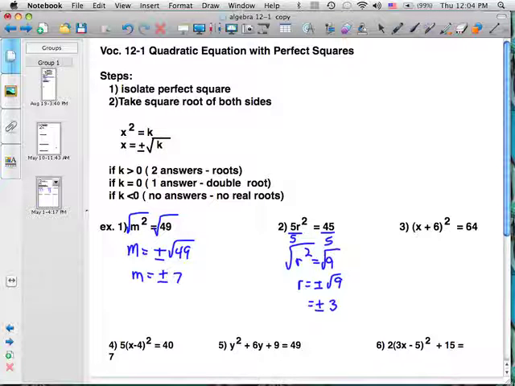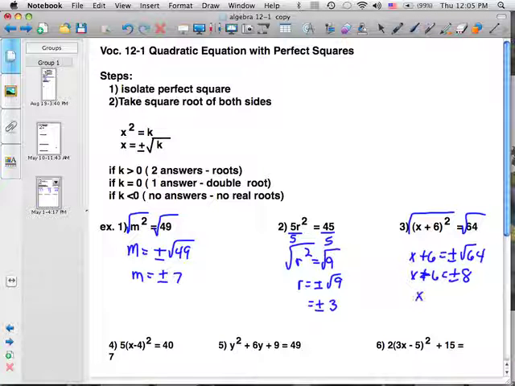Example number 3, the perfect square is isolated. We take the square root of both sides. We get x plus 6 equals plus or minus the square root of 64. So x plus 6 equals plus or minus 8. So we subtract 6 from both sides.